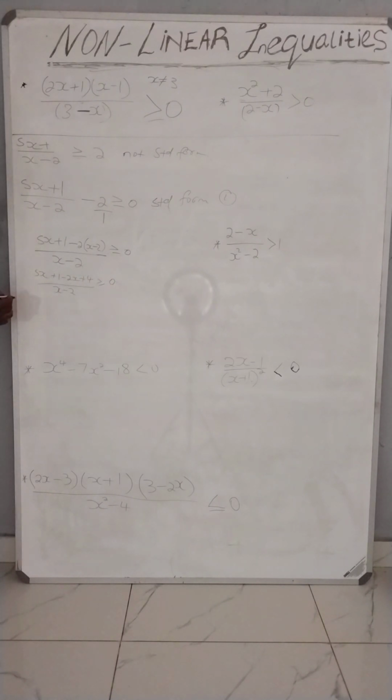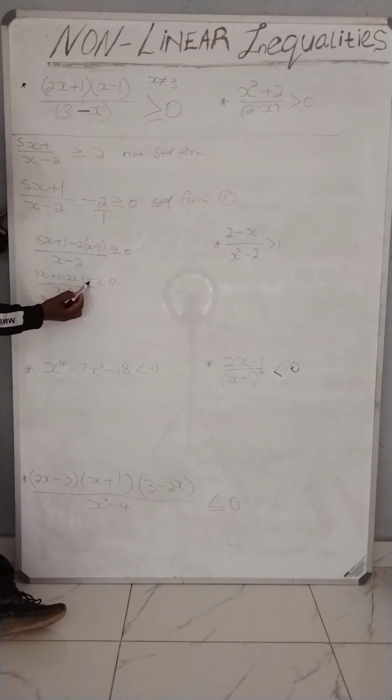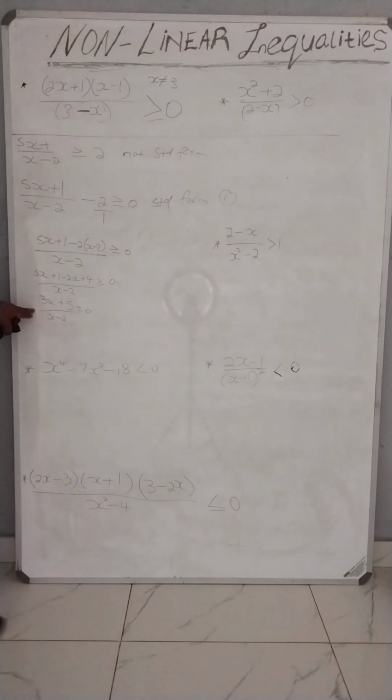Then you're going to have these and these: 5x minus 2x, you remain with 3x, and then positive 1 and a positive 4 is positive 5, over x minus 2 is greater or equal to 0. So it brings you to this.